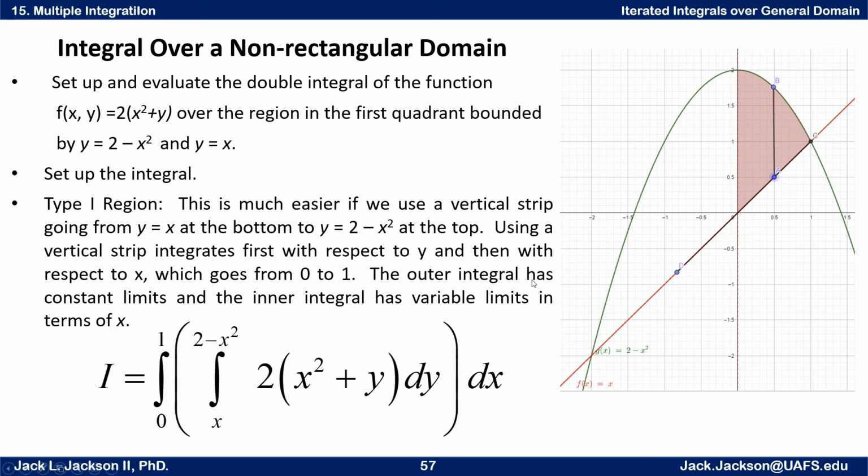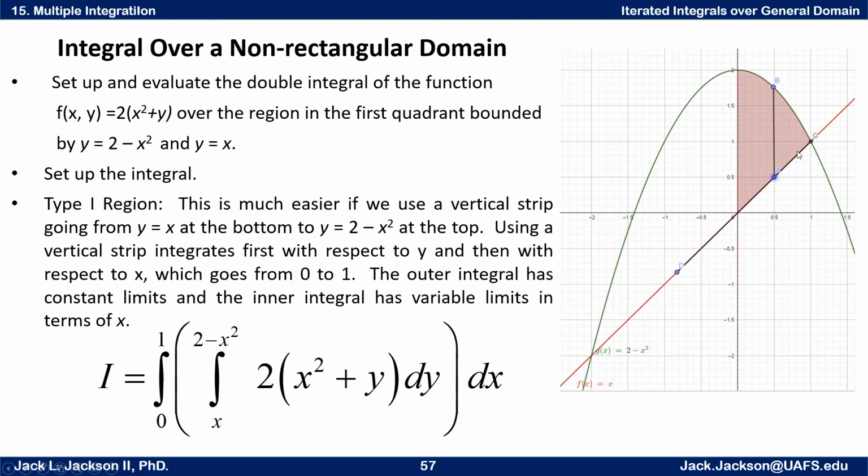And so here's how you set the integral up. You start by setting up the first integral on the inside. Now, since we have a vertical strip, we're going from a lower y to an upper y. We're integrating with respect to y first. And so the lower y has a value of x. The upper y has a value of 2 minus x squared, regardless of where this strip is.